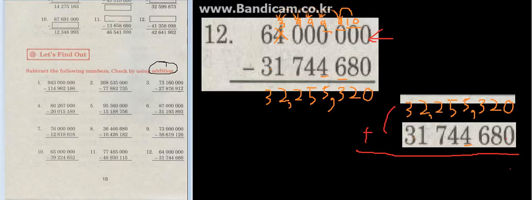So 0 plus 0 is obviously 0, 2 plus 8 is 10, so place 1 over here. 1 plus 3 is 4, 4 plus 6 is 10, so place 0 over here, and 1 over here. 1 plus 5 is 6, 6 plus 4 is 10, so we place 0 and 1 over here. 1 plus 5 is 6, 6 plus 4 is 10, so we place 0 and 1 over here. 1 plus 2 is 3, 3 plus 7 is 10, so we place 0 and 1 over here. 1 plus 2 is 3, 3 plus 1 is 4, and 3 plus 3 is obviously 6.